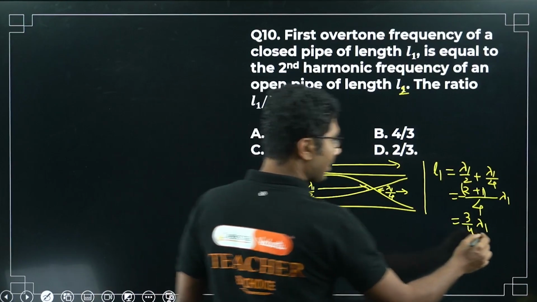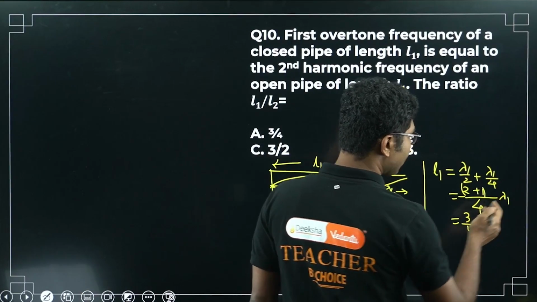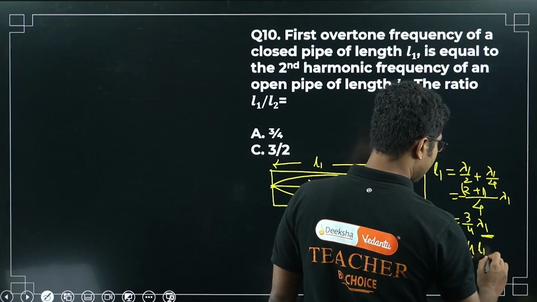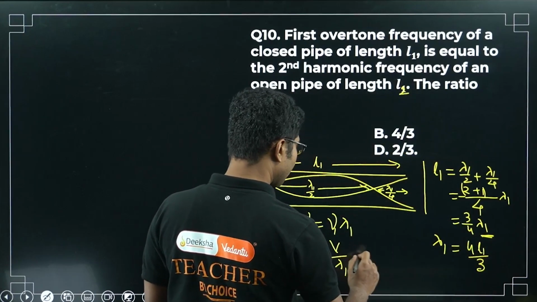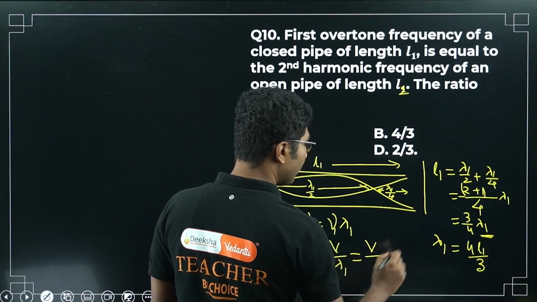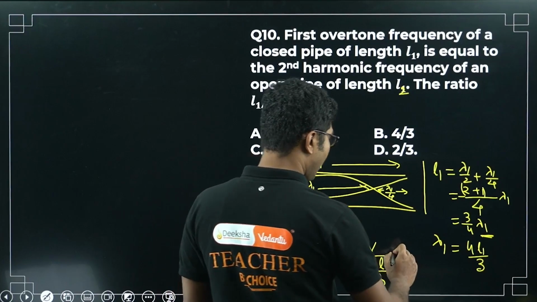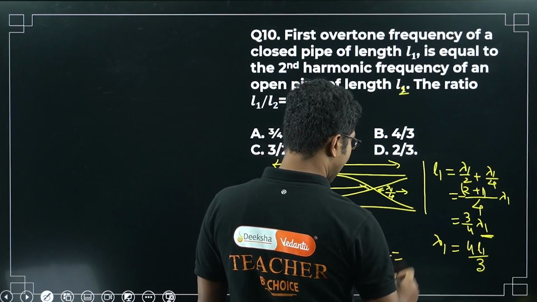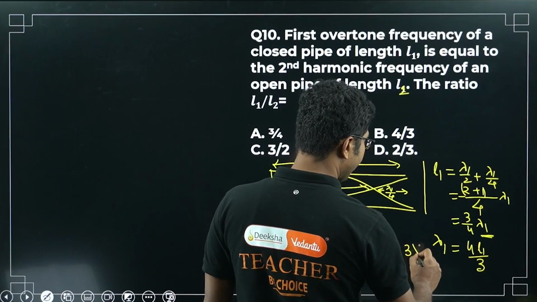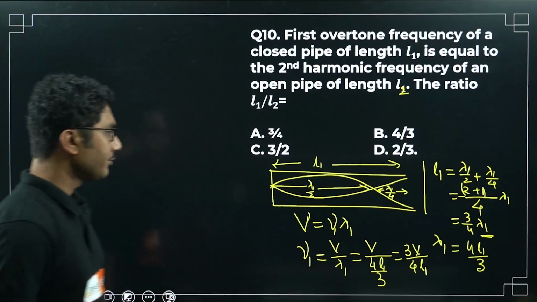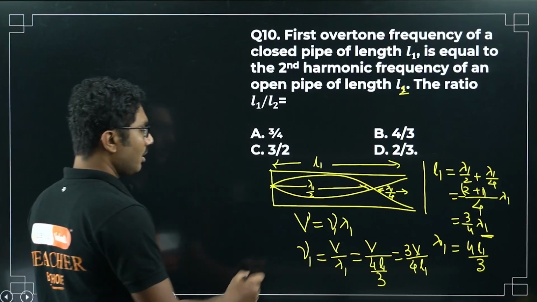Now what is lambda 1 from this? As you can see, lambda 1 from this is 4L1 by 3. So put the values. Our target is not to get any values using lambda, so we will remove it and put the values in terms of L1, L2. So this is the equation for the closed pipe.